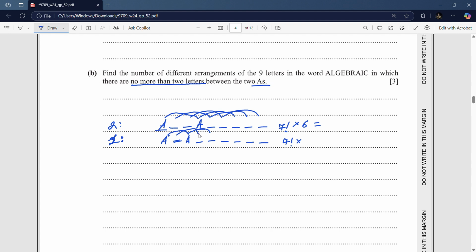So we have a total of 7 ways of placing the A's, so it will be multiplied by 7. And in the last case, the 2 A's will come together, so they can be considered as one block. And we have the other 7 letters. Because the A's are considered as one block, we have a total of 8 blocks, so it will be 8 factorial.